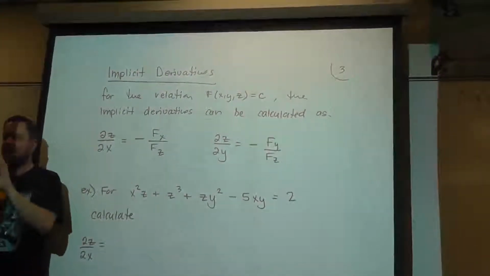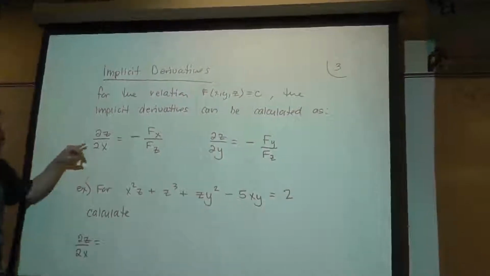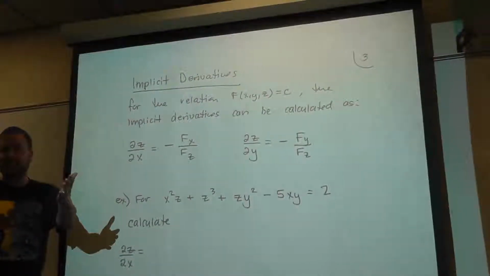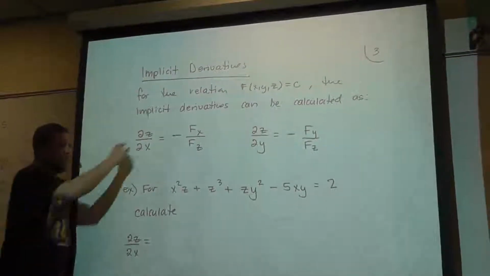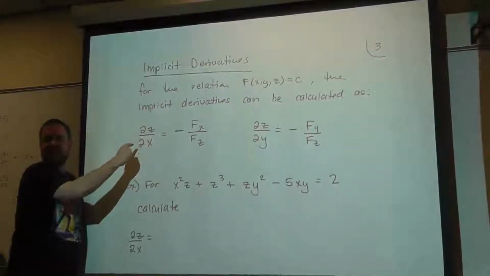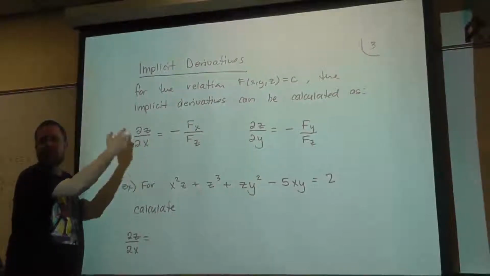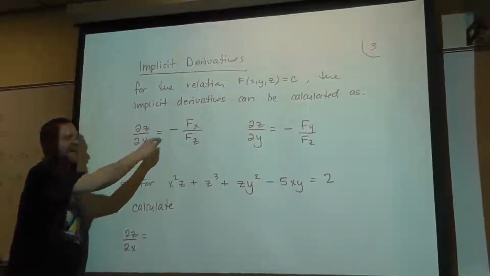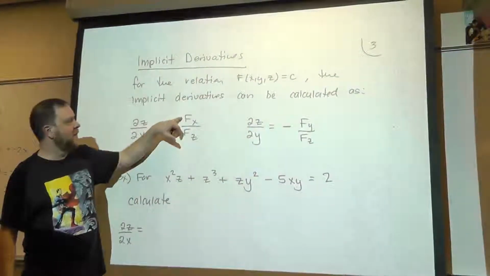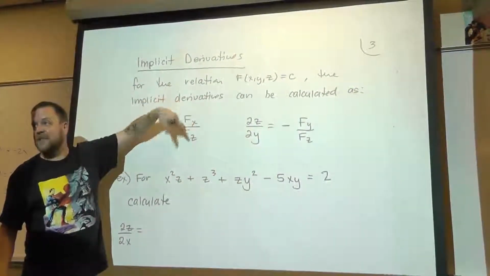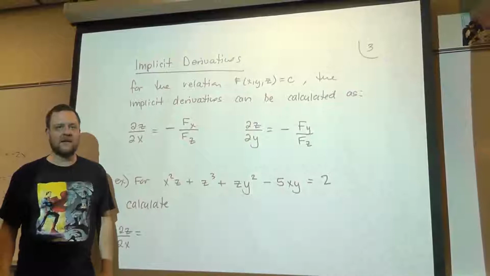Now this looks like I've mixed my notation up, but the way I committed it to memory as a Calc 3 student is I just memorized that everything flips. If I want to do partial of z with respect to x, I need to calculate this, the negative quotient of F's partial with x divided by F's partial with z.